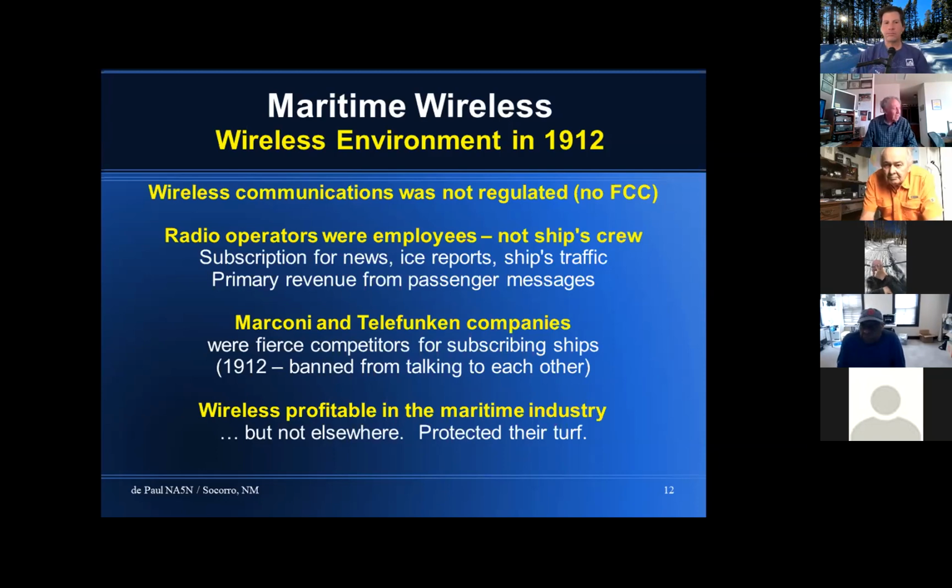Marconi and Telefunken were competitors. In 1912, both companies prohibited their operators from talking to the competition. This will be significant as we get further on into the actual time of the collision of the Titanic with the iceberg.